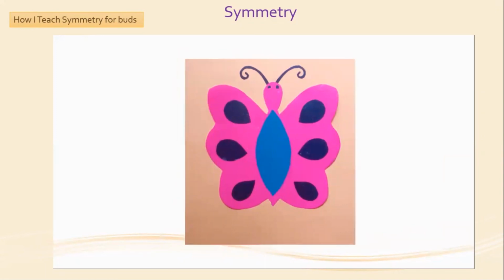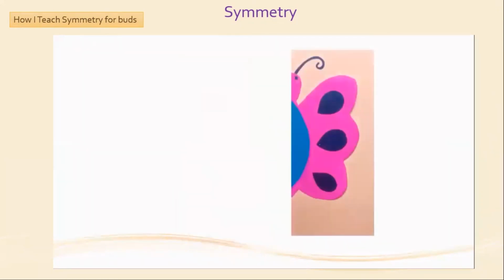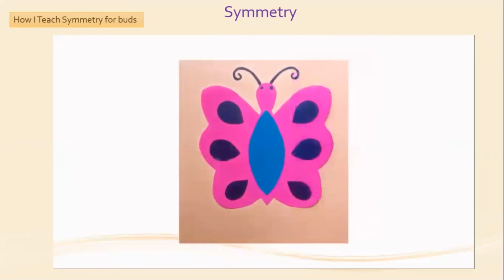And if I fold it in half and it is the same, that means it's symmetrical." So I unfold it here and we can see that both sides look exactly the same. They are like twins.